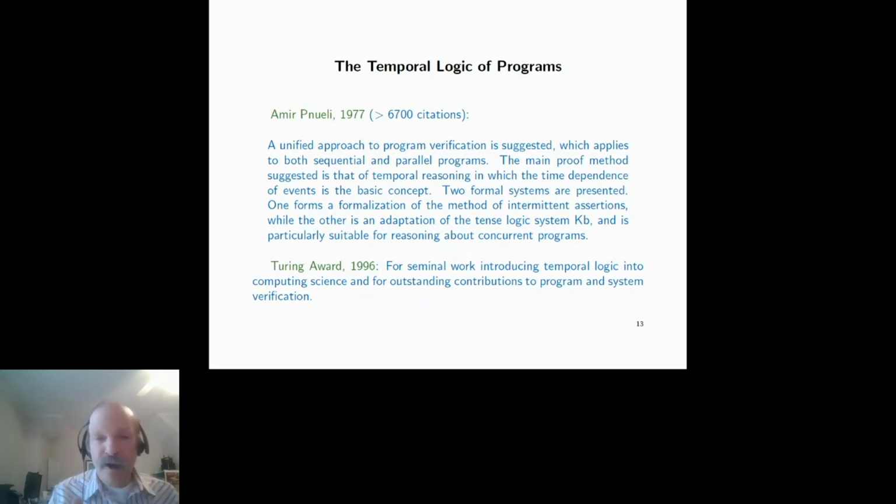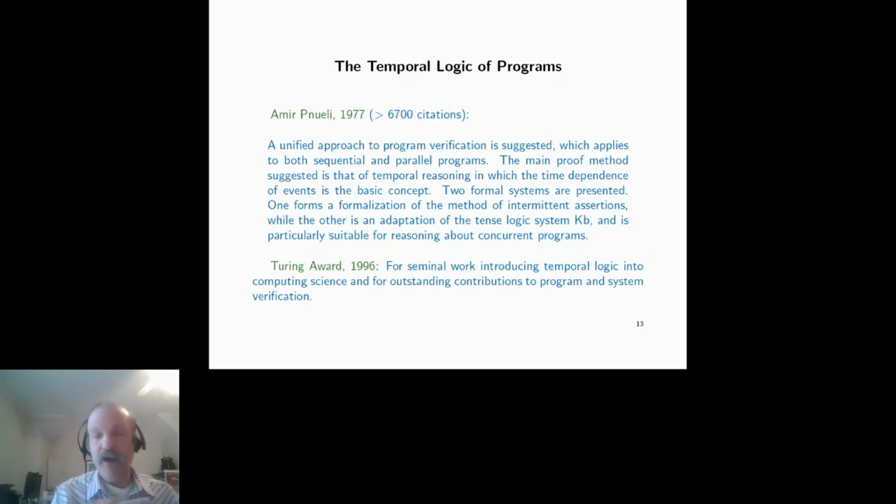The main proof method suggested was that of temporal reasoning, in which the time dependence of events is the basic concept. He presents two formal systems, one based on indeterminate assertion, one based on a temporal logic, which is particularly suitable for reasoning about concurrent systems.